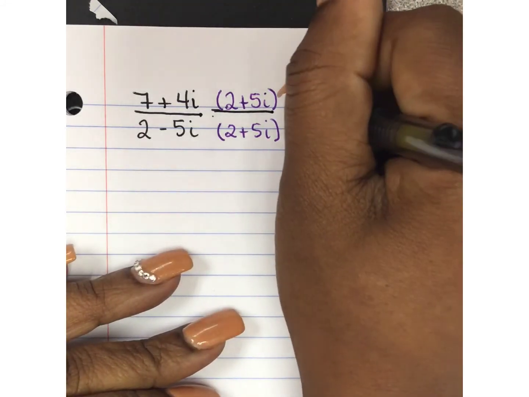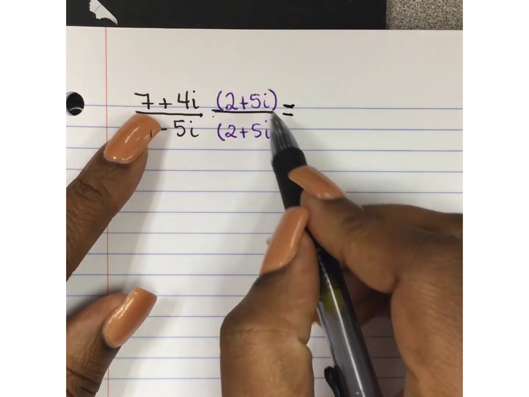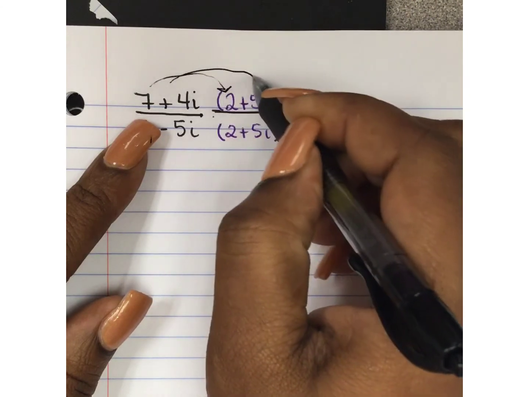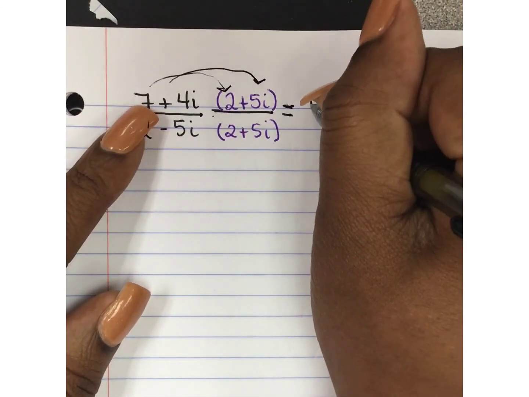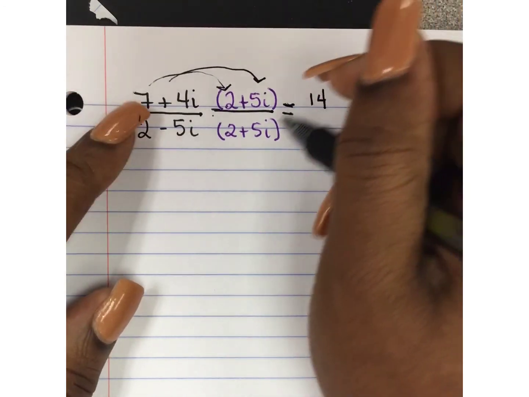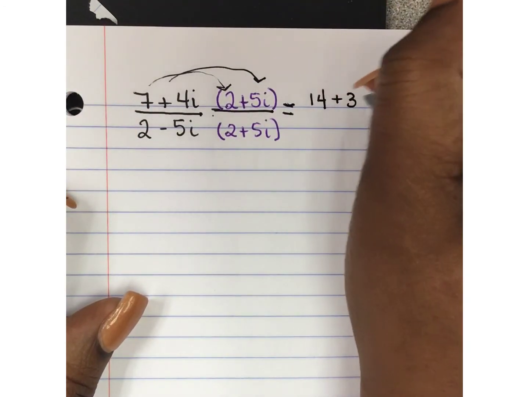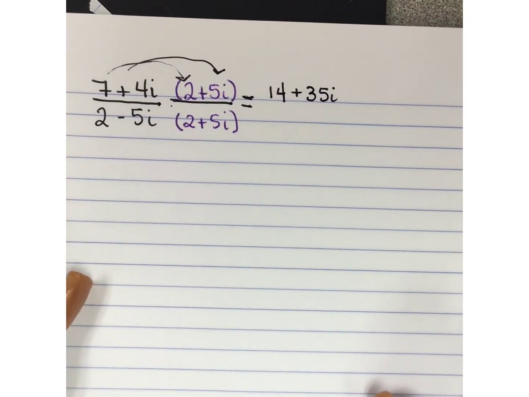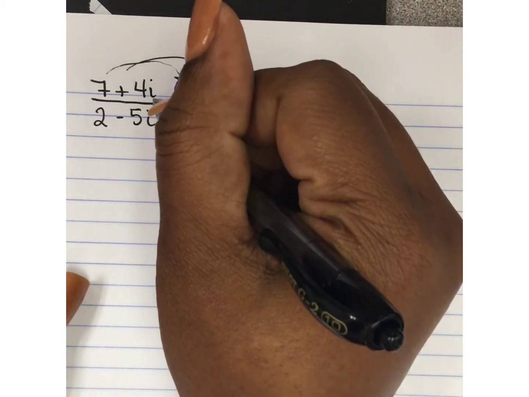Now we're going to multiply. And remember, I'm going to distribute. So first I'm going to distribute 7. And 7 times 2 is 14. 7 times 5i is 35i. Now we have to distribute 4i.